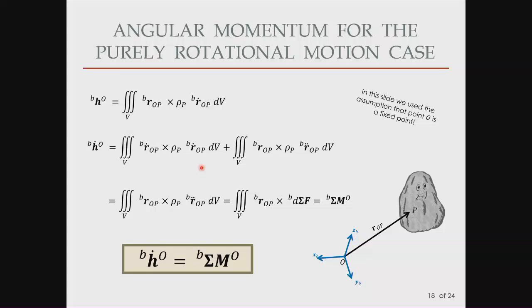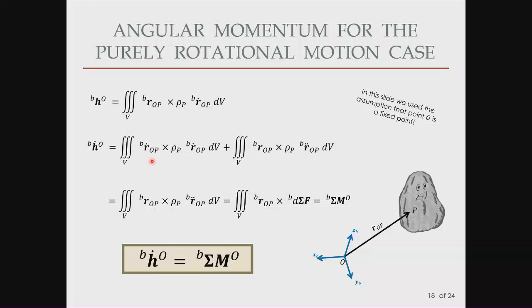Is it clear why this disappears? And remember, this is good because your point O is a fixed point, which is an important assumption under the purely rotational motion envelope.